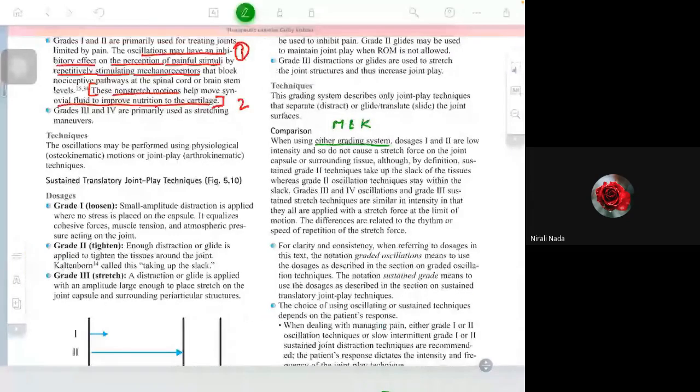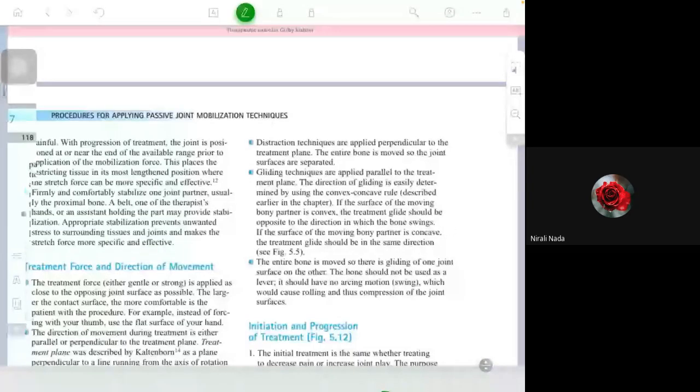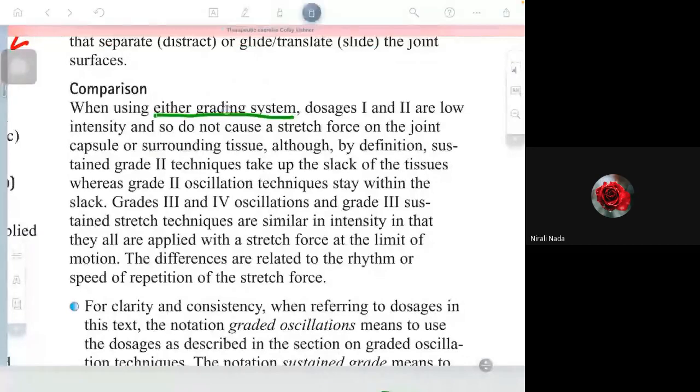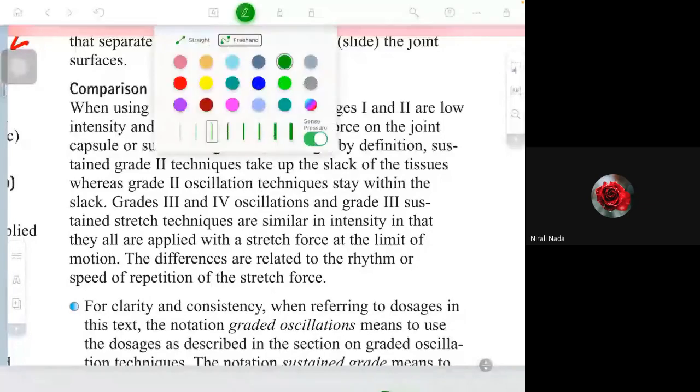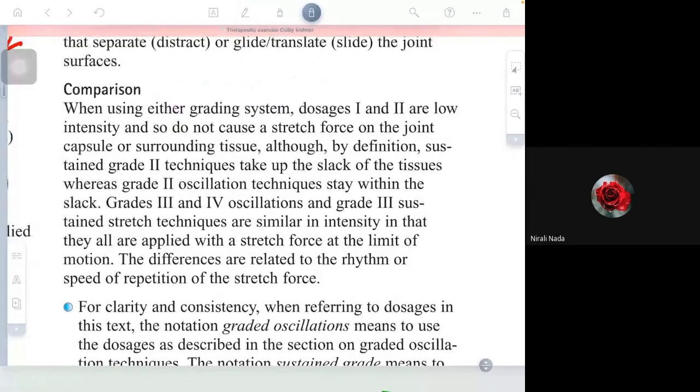So when using either grading system, that is, either graded oscillatory technique or sustained joint play technique, in both the techniques, grade 1 and 2 are called low intensity.